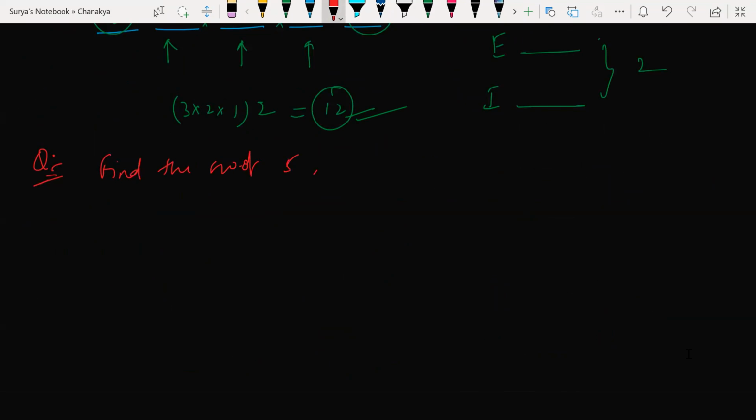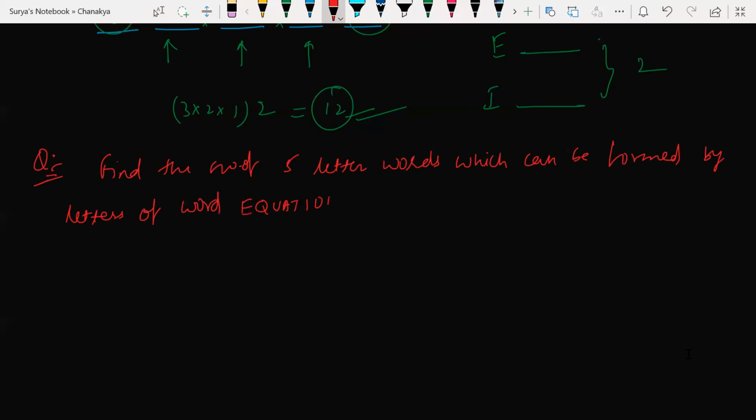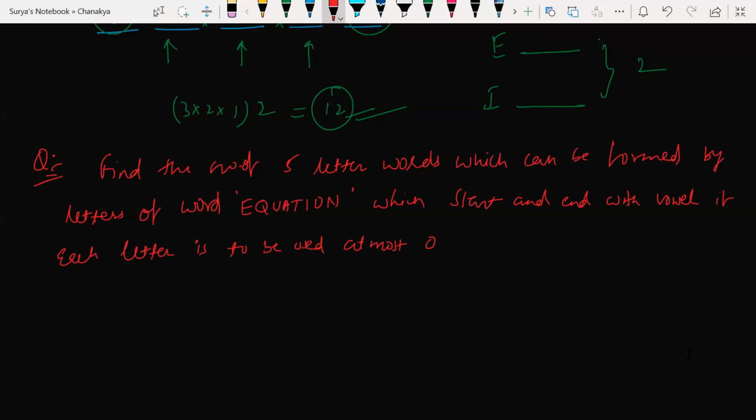Find the number of 5-letter words which can be formed by the letters of the word EQUATION, which start and end with a vowel, if each letter is to be used at most once.